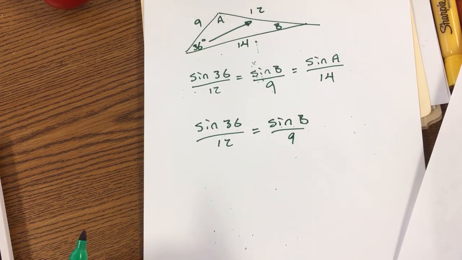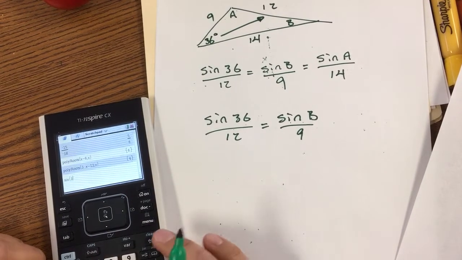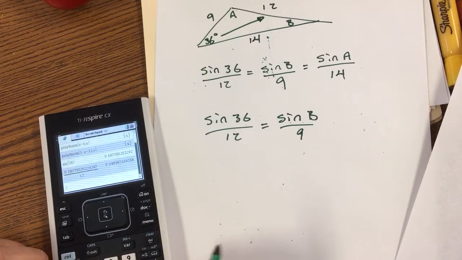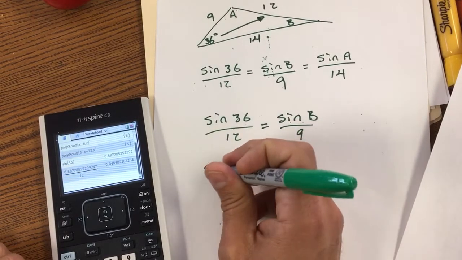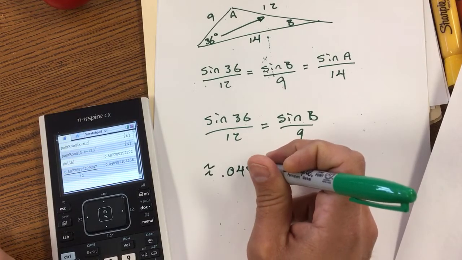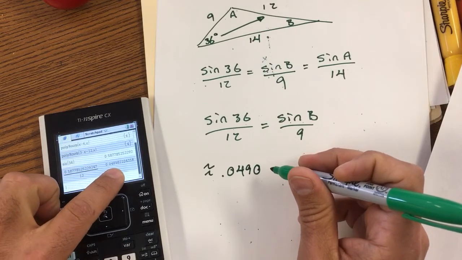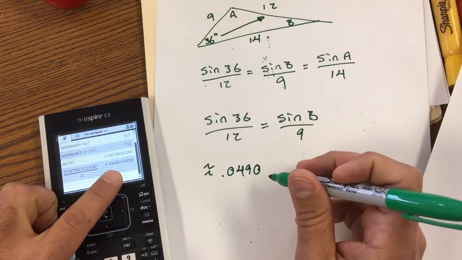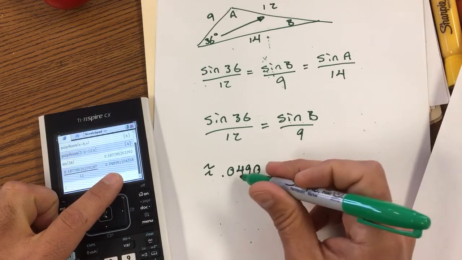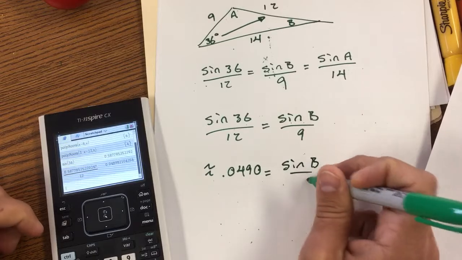I'm going to round to 4 decimal places. So I'm just going to go the sine of 36 divided by 12, so I get approximately 0.0490 equals the sine of B over 9.